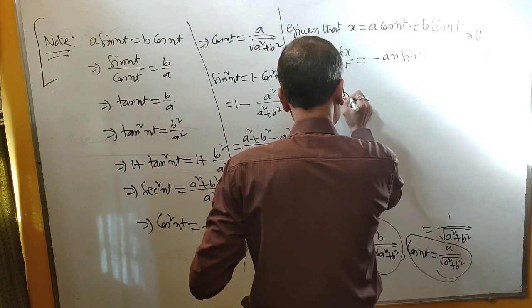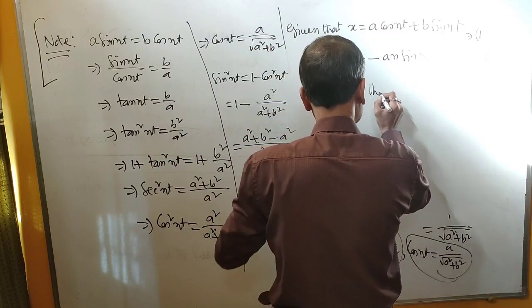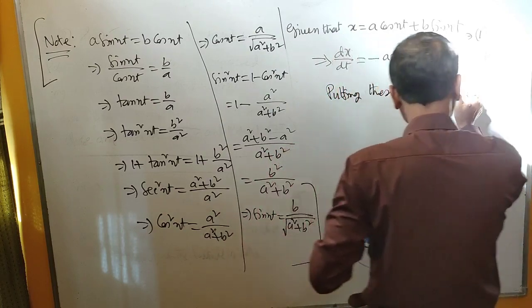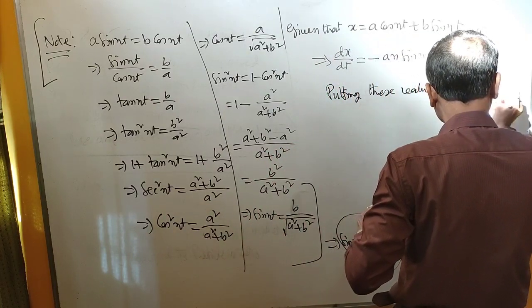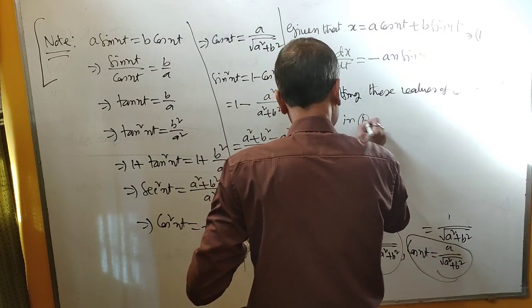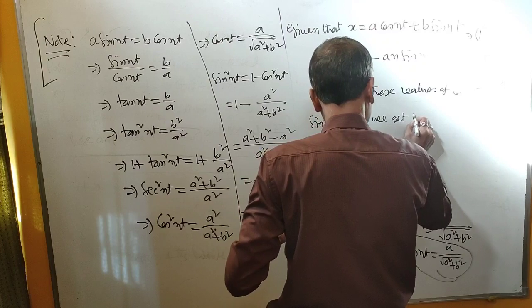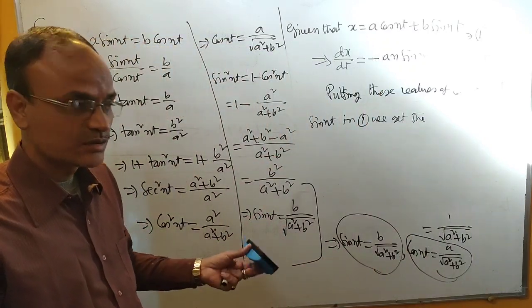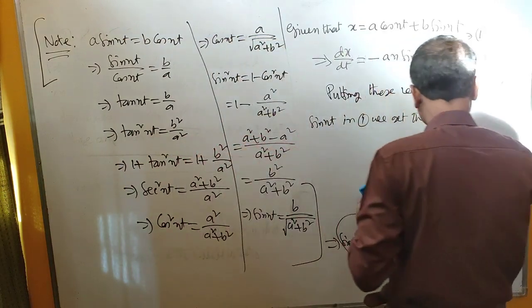Putting these values of cos n t and sin n t in 1, we get the required amplitude of motion.